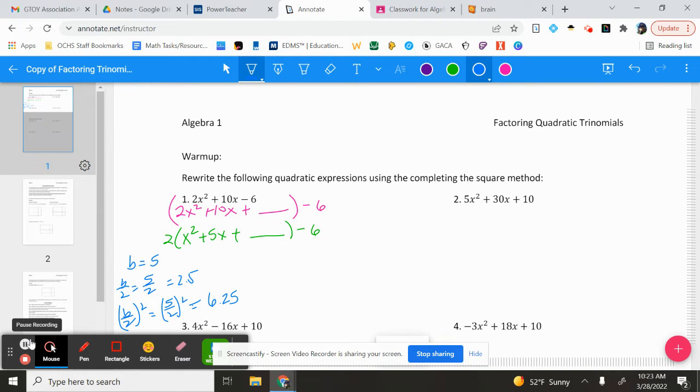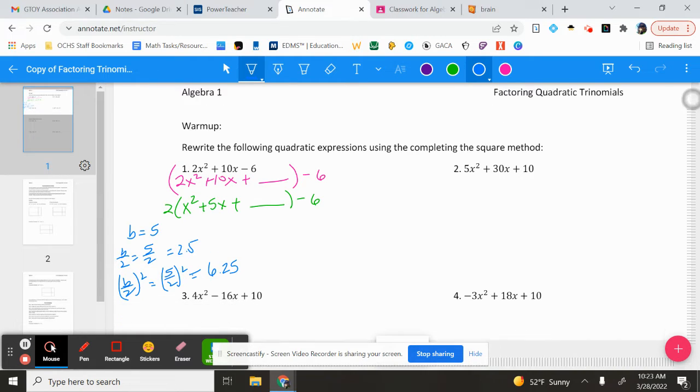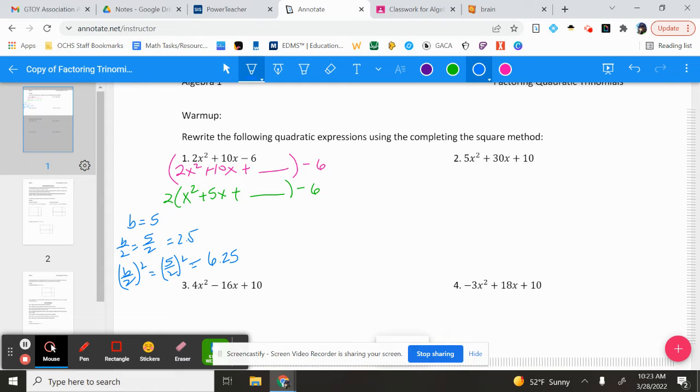Now remember, when we go through, we want to write it this way so that when we get ready to expand, it becomes easier. So as I get ready to put these things back in, I still have 2 times x squared plus 5x, and I like to put the 2.5 squared in here because that'll help us when we get ready to write our final answer, minus 6.